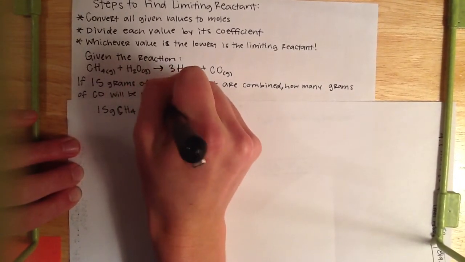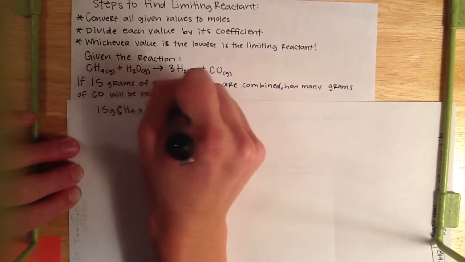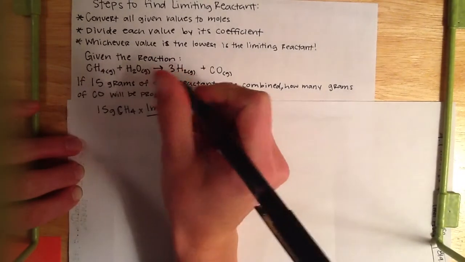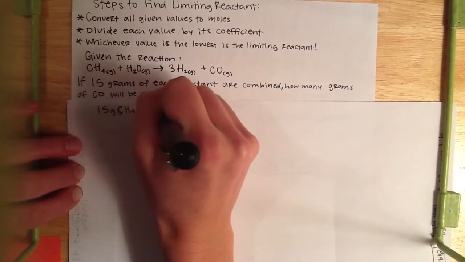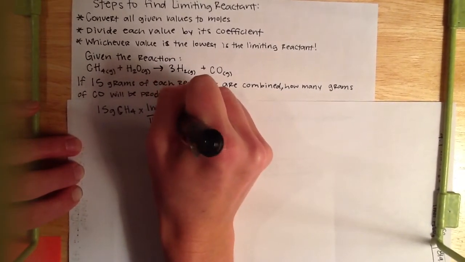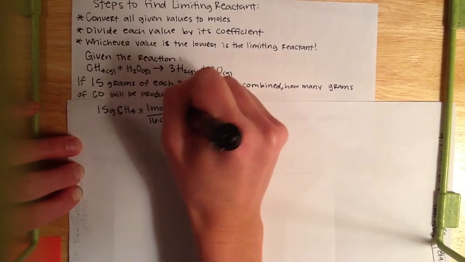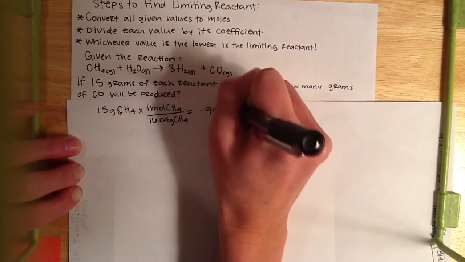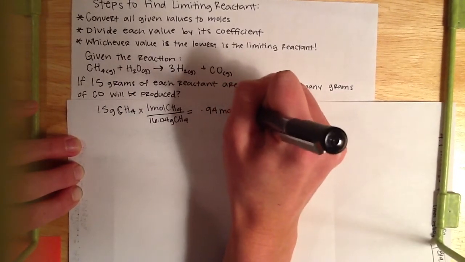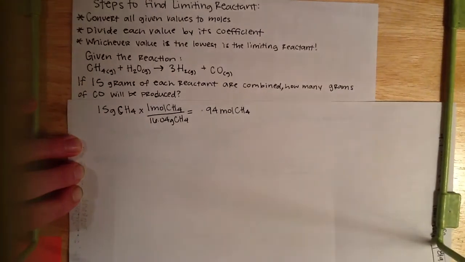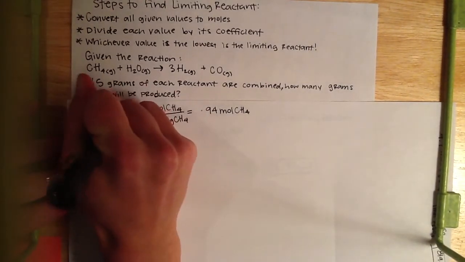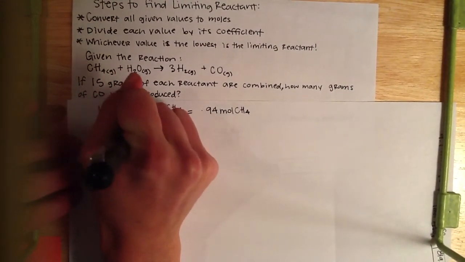So 1 mole of CH4 over the molar mass of CH4 is 16.04 grams of CH4, and that equals 0.94 moles of CH4.